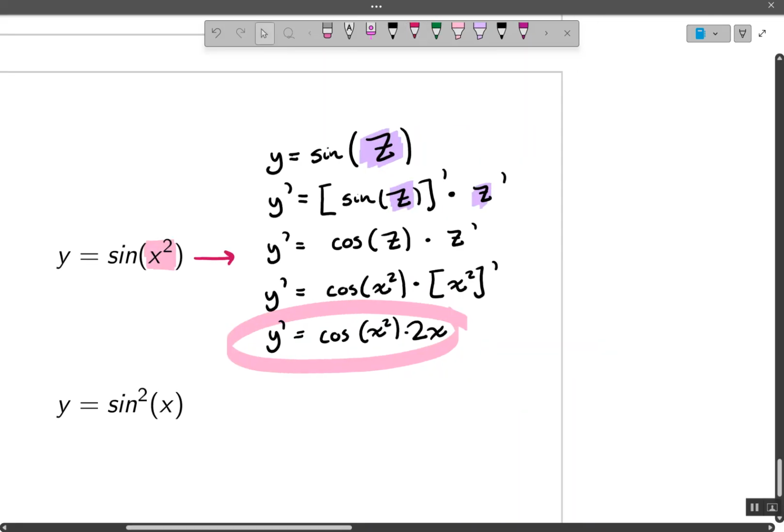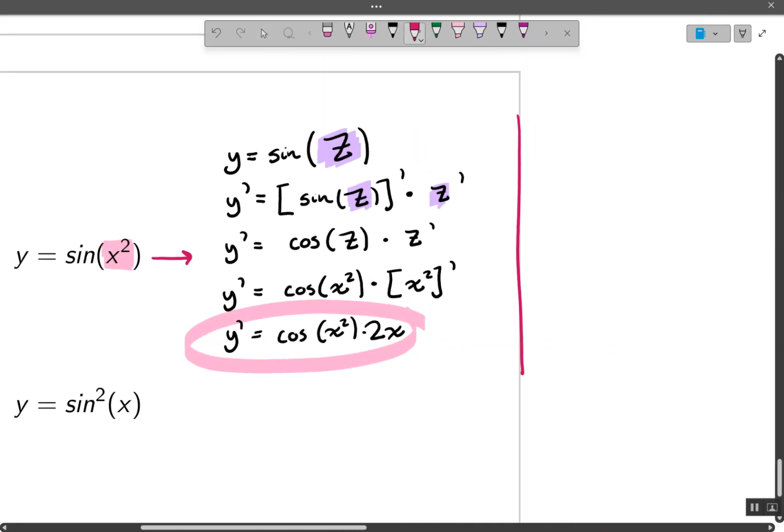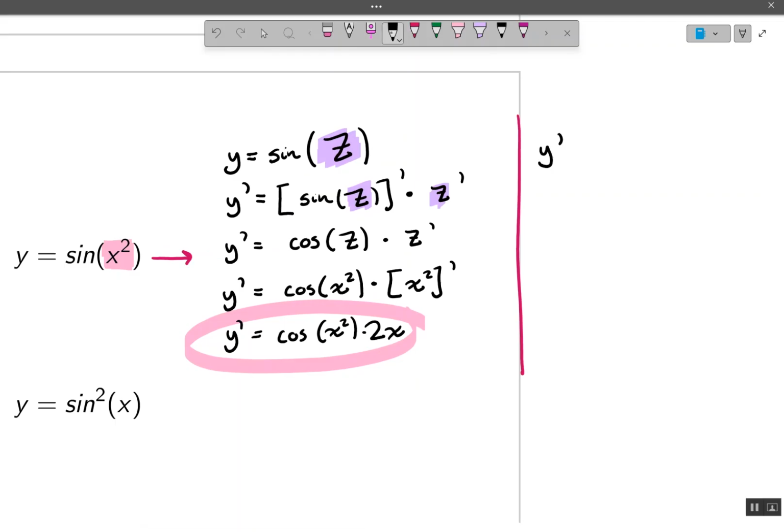We can also do that without the substitution. We can kind of just do it straight away. So I know that y prime is going to be the derivative of the outside function, which is going to be cosine, with the same input. So I'll write that down. This is the derivative of the outer function with the same input, right?